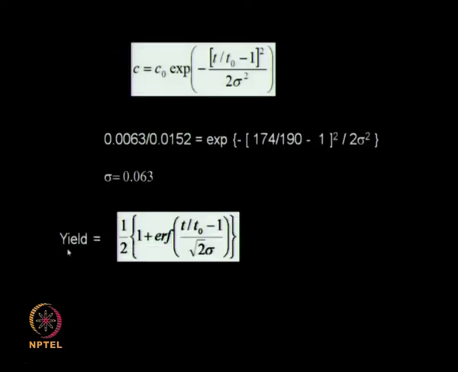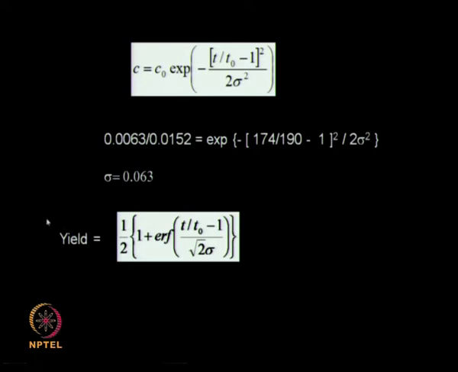So the equation for the yield is given by half into 1 plus error function of (T by T naught minus 1) divided by square root of 2 sigma. Okay, now I know sigma, T is 200 minutes, T naught is 190 minutes, so I can substitute, and then if I know how to calculate error function, I will be able to calculate yield.